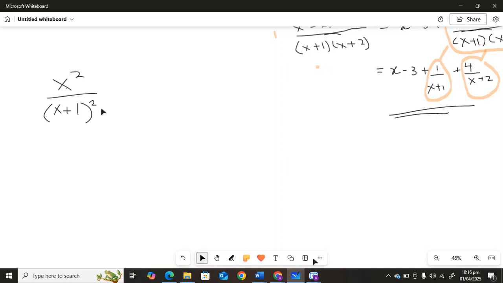It's an improper fraction, yes. Why? Can anybody tell me why it's an improper fraction?